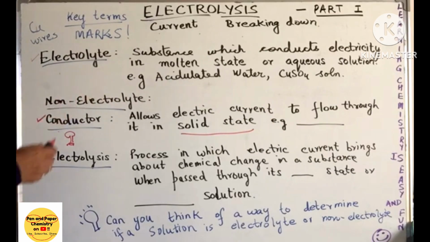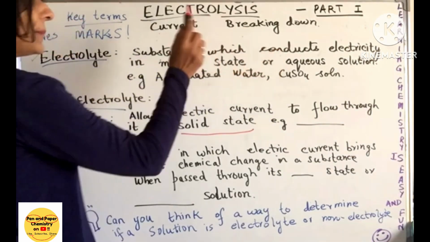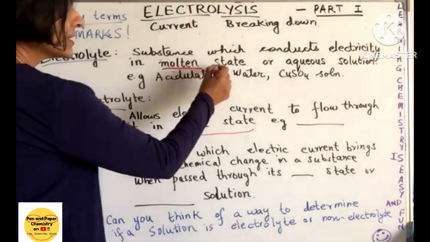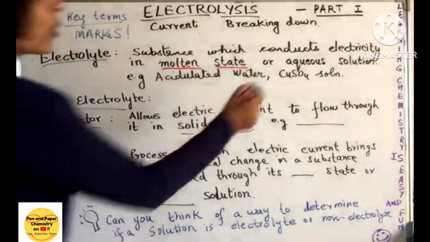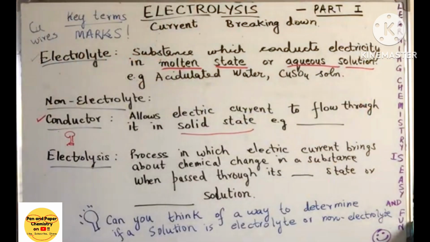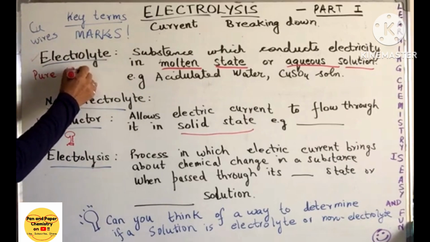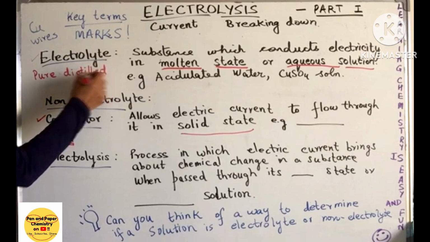An electrolyte is a substance which conducts electricity, but either in its molten state or in its aqueous solution form. So, if I have pure distilled water, this does not allow the electric current to pass through it.